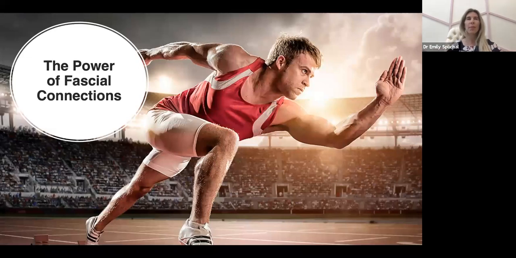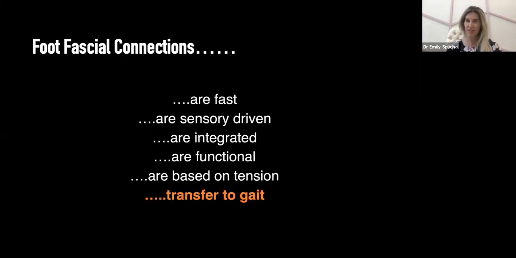Another thing about your fascia that relates it to the sensory side of movement is that fascial connections are fast. So when we explore foot to core sequencing or our lateral line and how we stabilize for a single leg stance, those fascial stabilization pathways are very fast.